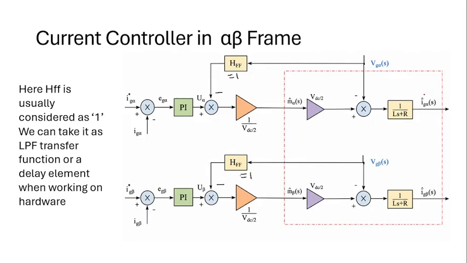See, this is the VG of s, VG alpha of s, VG beta of s. This is obtained with the grid currents.